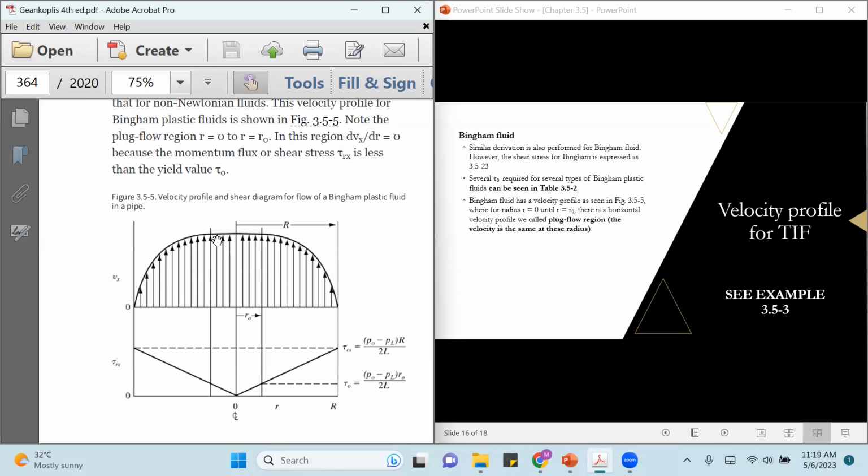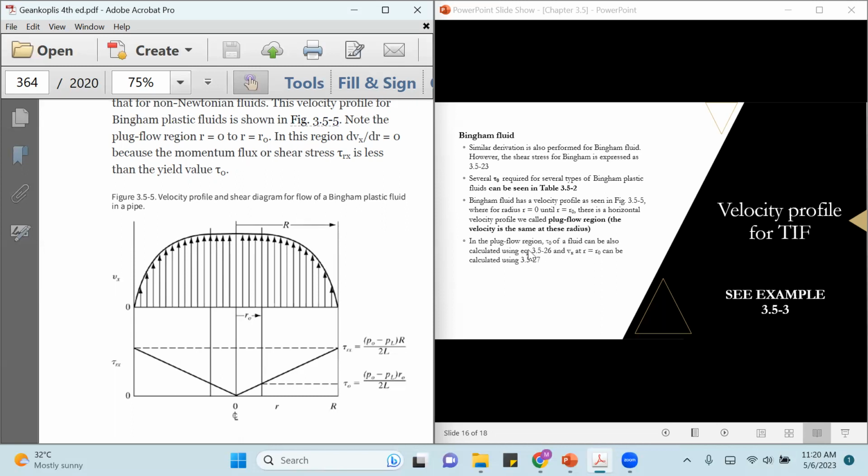But compared to this side and this side, it's higher. There is a horizontal velocity profile in the middle, from r equal to 0 to r equal to R0. Now we call this area a plug flow region, where the velocity is the same at this radius.